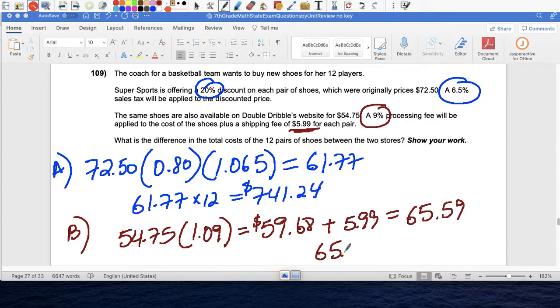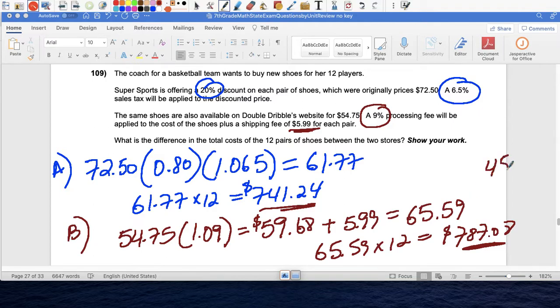We're going to order 12 of those, and the total here is $787.08. And if you subtract that value and this value, 787.08 minus 741.24, it would be $45.84.